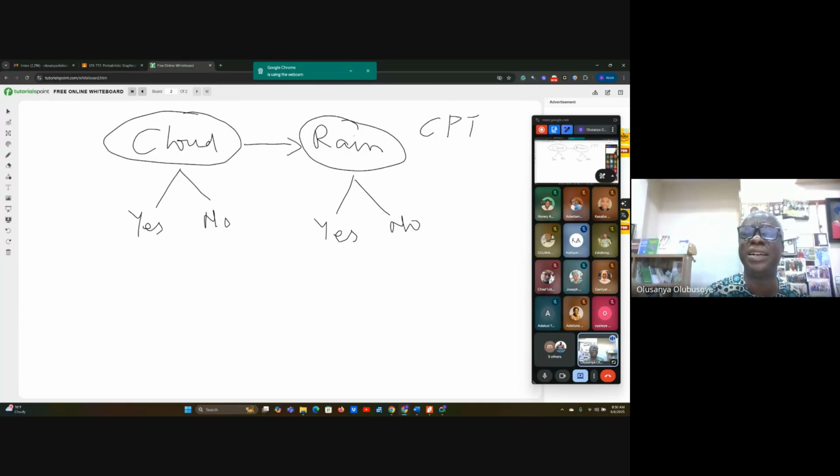In general, CPT, that's conditional probability table, helps us answer how likely is it that an event will happen given that another event has already occurred? How likely is it that an event of rain, for instance, will happen given that it's cloudy?